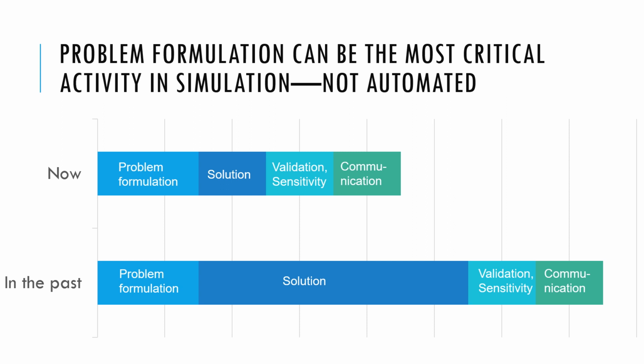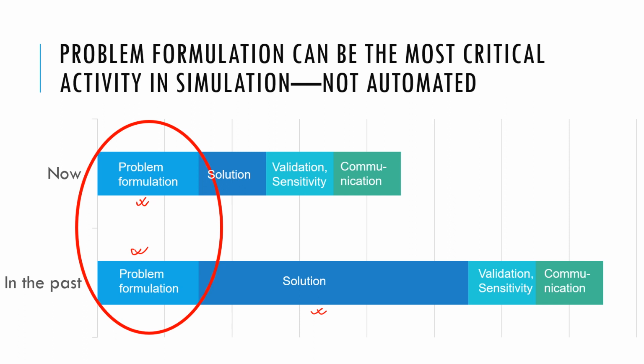In the past, we would have to code this process from scratch, whereas now almost always we use available software. But problem formulation, on the other hand, is still manual and requires background and insight into the physics. This has not been automated.